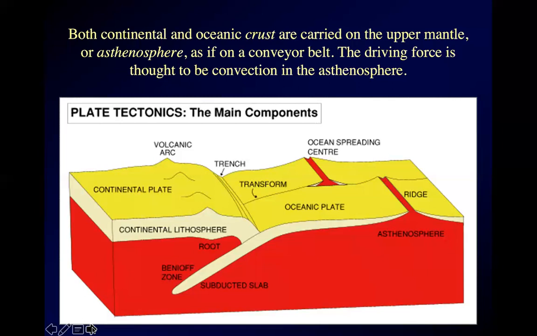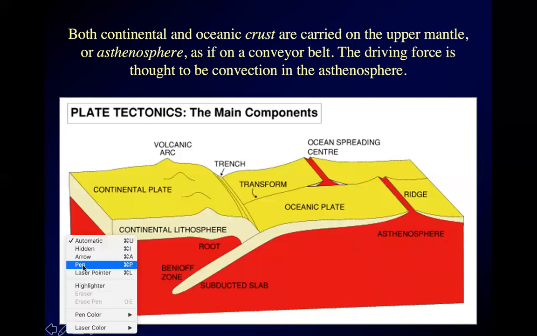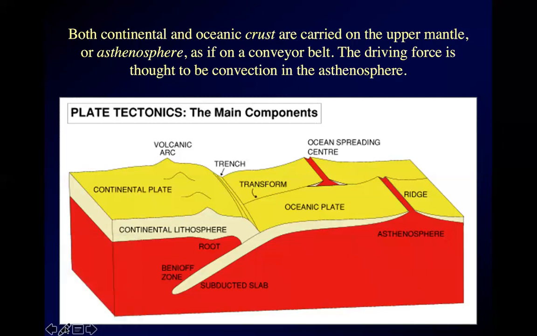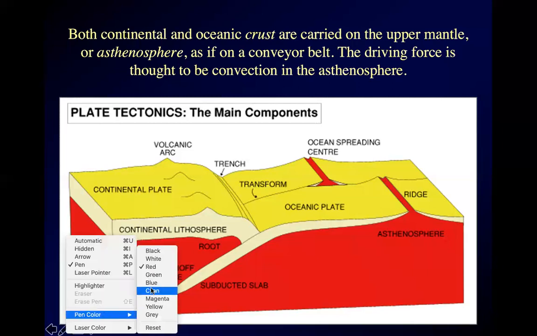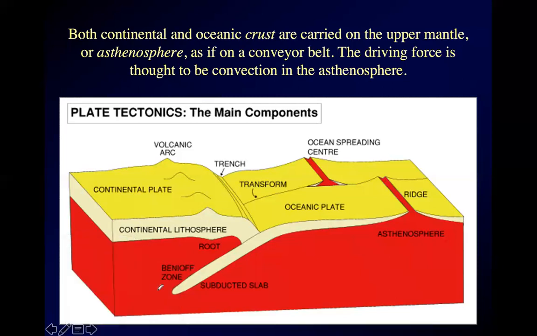The upper mantle layer is called the asthenosphere, aka the weak layer. And what we think is the driving force, maybe, possibly, people argue about this, let's not get into that, that's a whole other course in the first place, is convection in the asthenosphere.